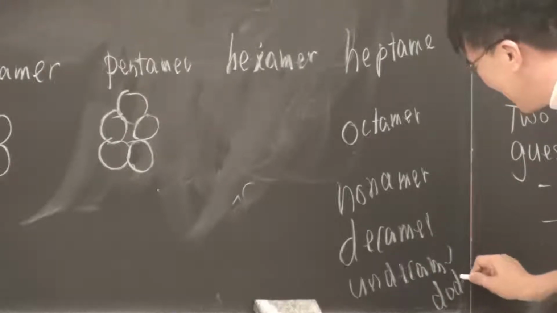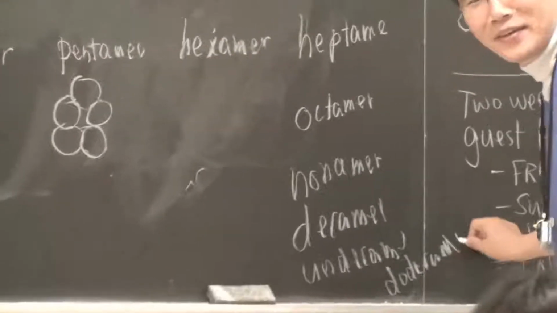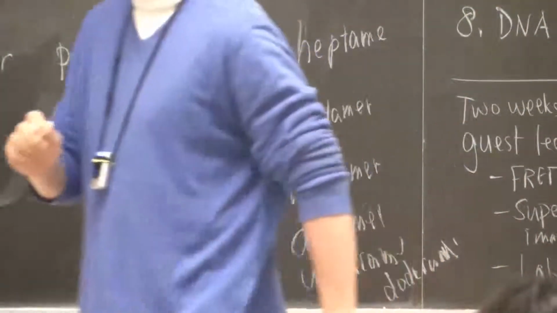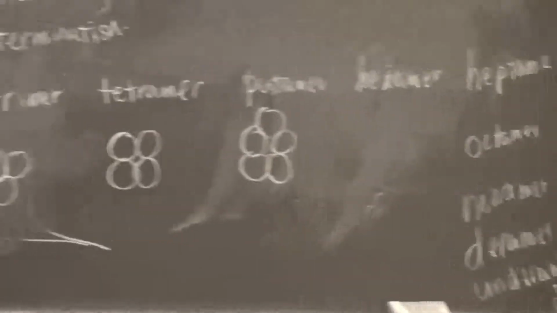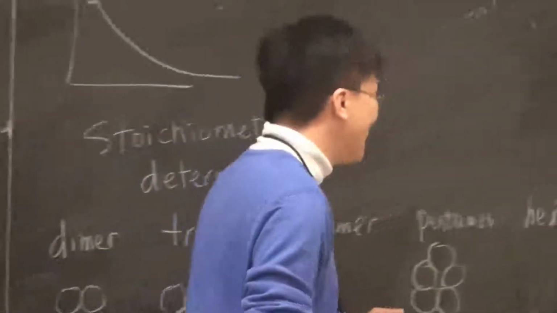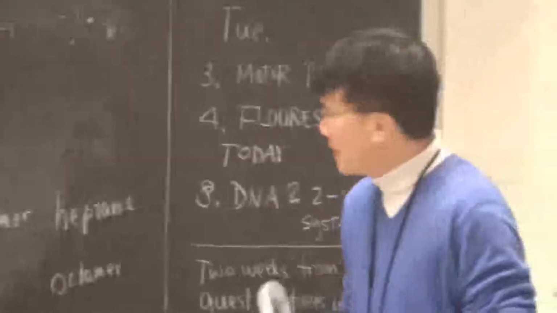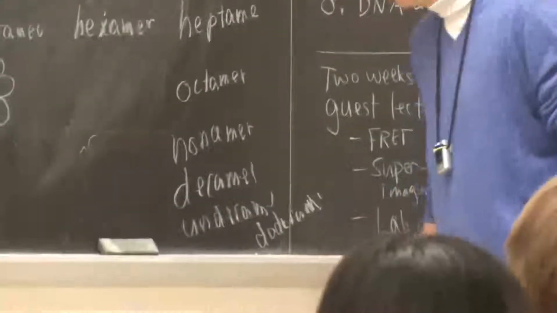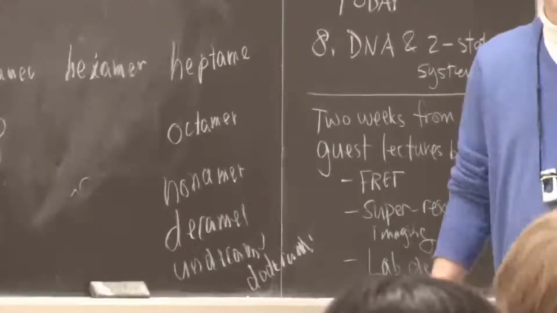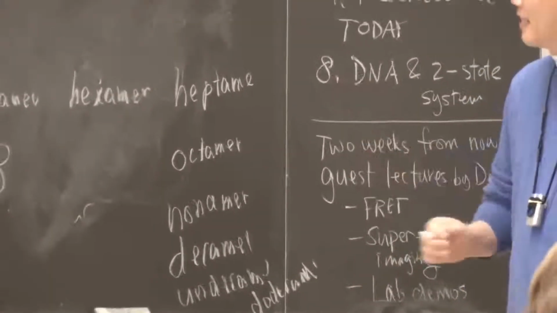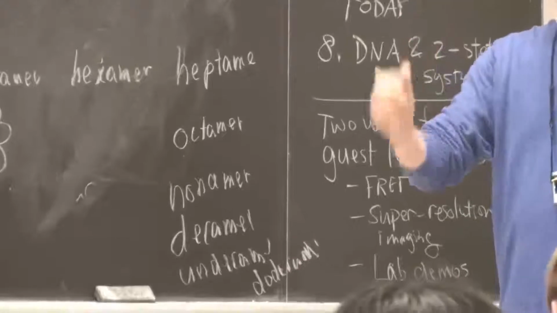And? Okay, that's the limit of my knowledge too. But I think actually all of them exist in nature. Actually, the only thing I'm not so sure about is the undecamer, but everything exists in nature, and it's very controversial.